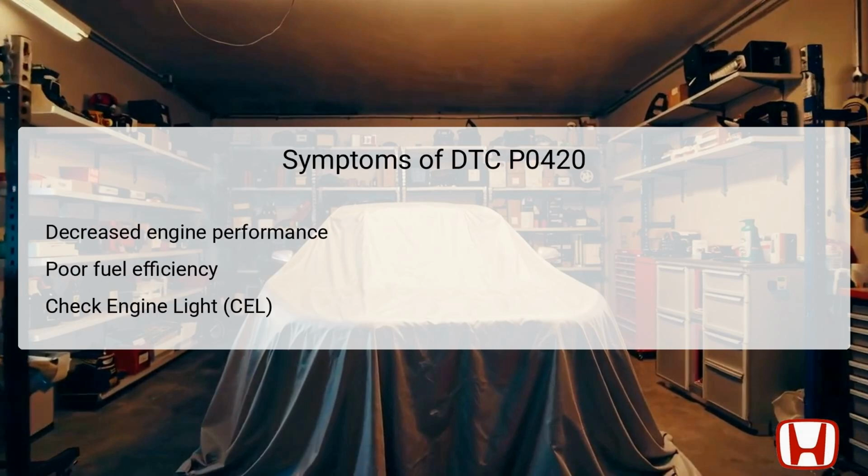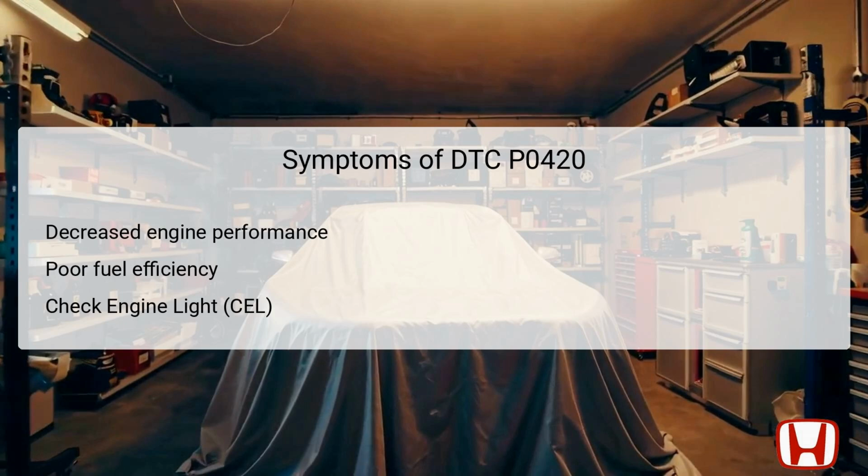The symptoms associated with DTC P0420 can manifest in several ways. A noticeable decrease in engine performance is common, as the vehicle struggles to manage exhaust gases efficiently. Alongside this, fuel efficiency may suffer as the engine works harder to compensate for the inefficiencies caused by the faulty catalytic converter.